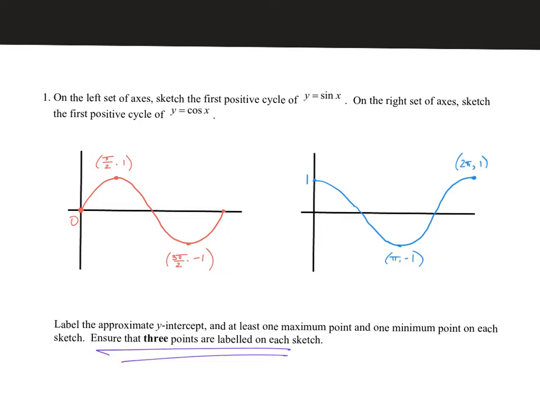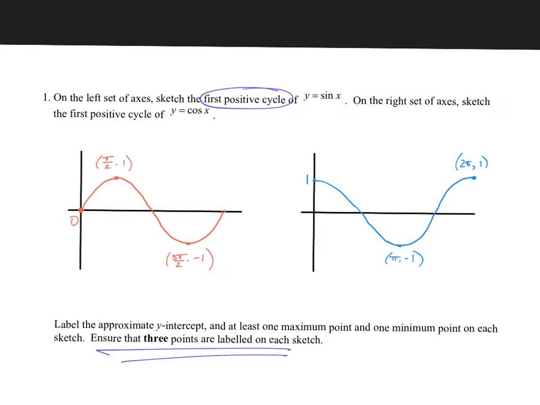Okay, first off, it was the first positive cycle. So notice, on both my red and blue graph, I only have one cycle. No more, no less. What I mean by that is my red curve doesn't keep going up here going, yeah, but I've got some space. No. Once I get back to that x-axis, my first positive rotation is done.